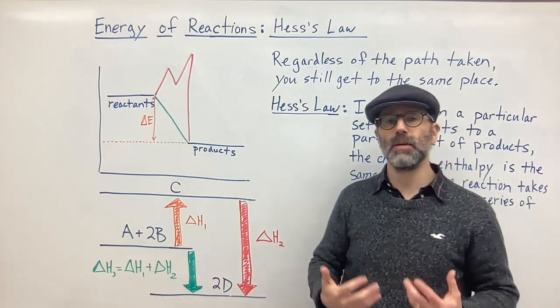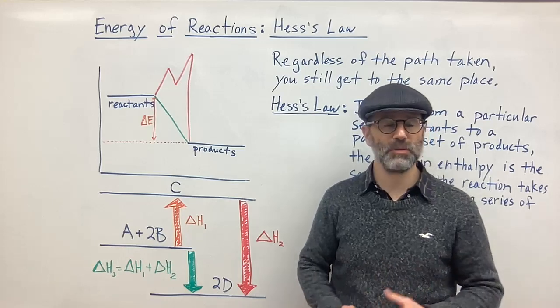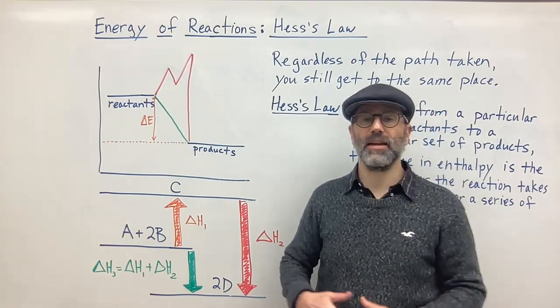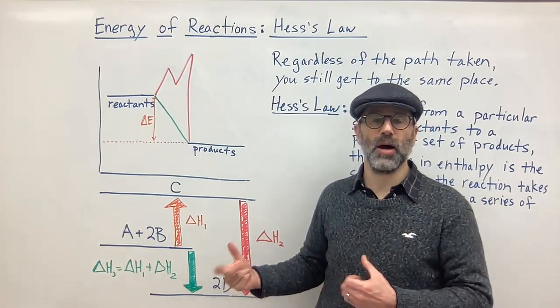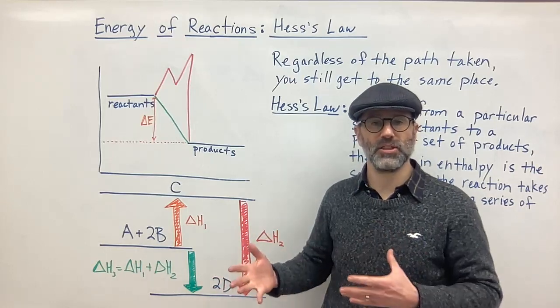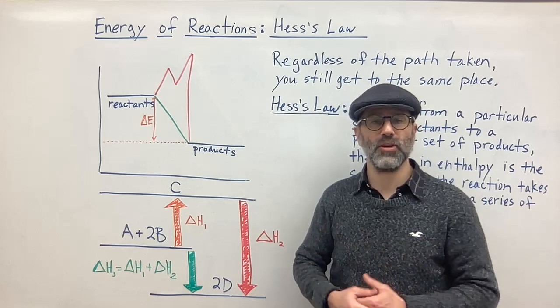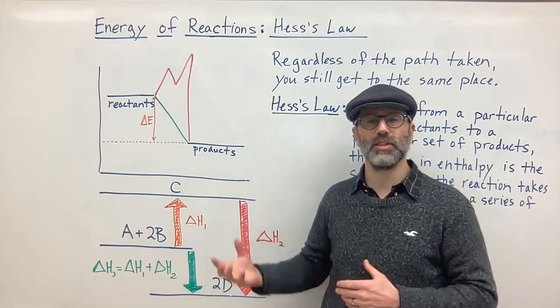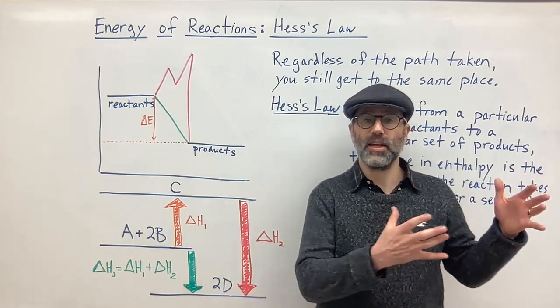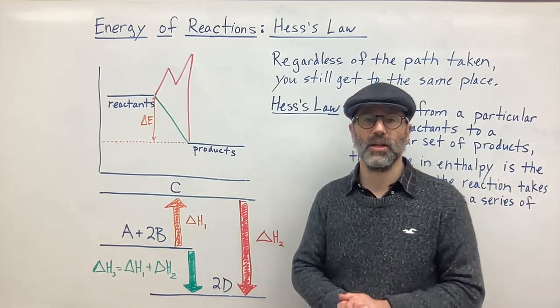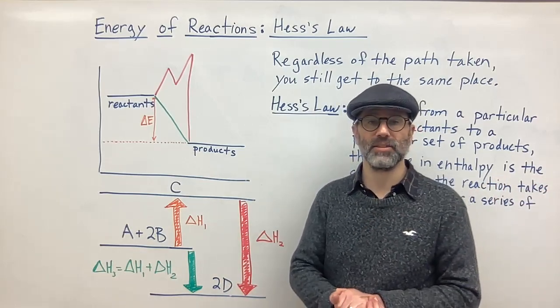But first, let's talk about some relationships between Hess's law and the equations of the reactions. So how does this apply to equations when we're talking about delta H's of reactions and the equation of the reaction? So let's talk about that next.